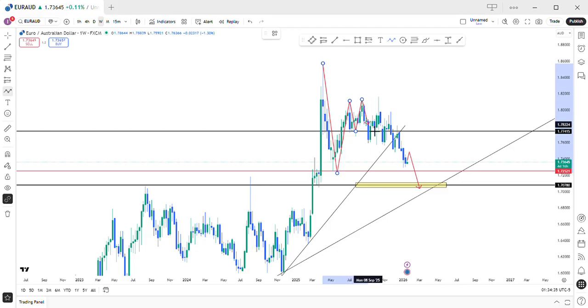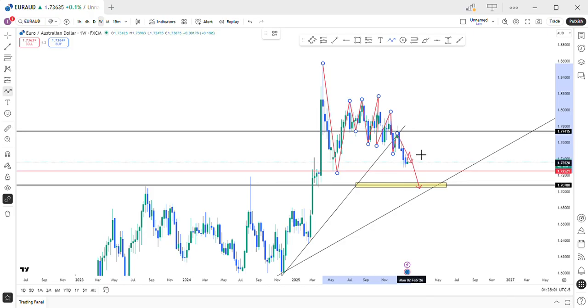Then it gave us this high, then this lower low, which was lower than this low. I'm actually doing this on the weekly time frame, but if you go on the daily time frame, that's when you're going to see it clearly. So we got another high again, then we got a low which was lower than the other low, then we got this high, then price gave us this low, started trending downward.